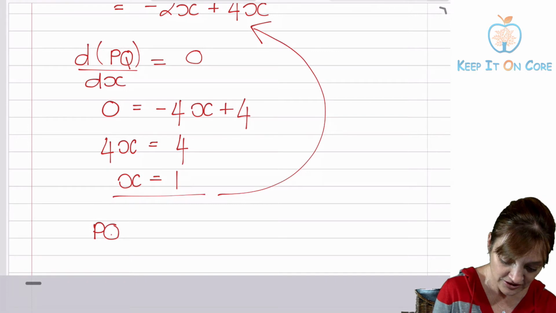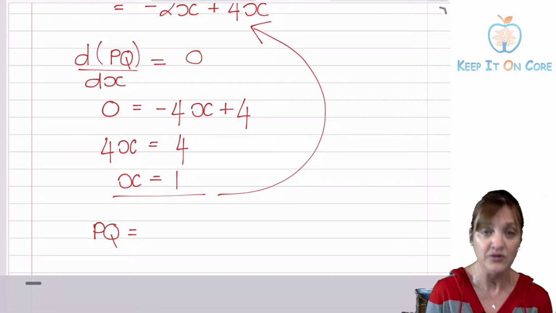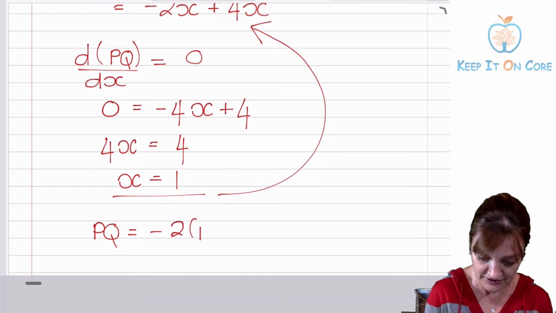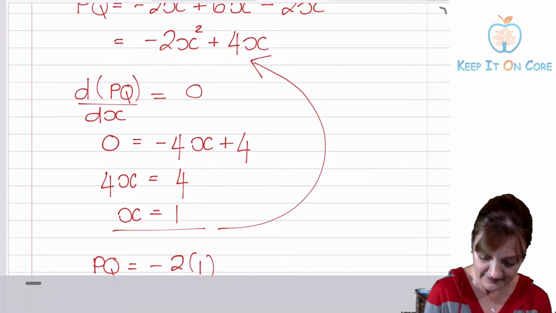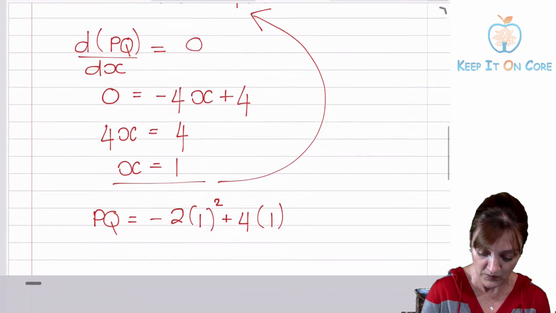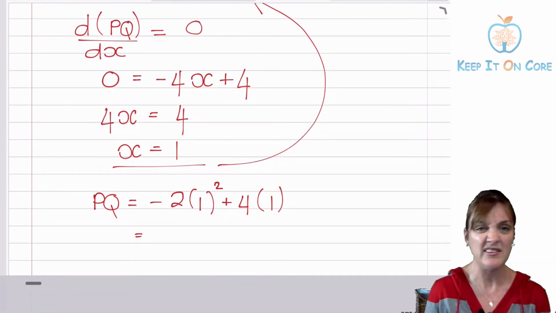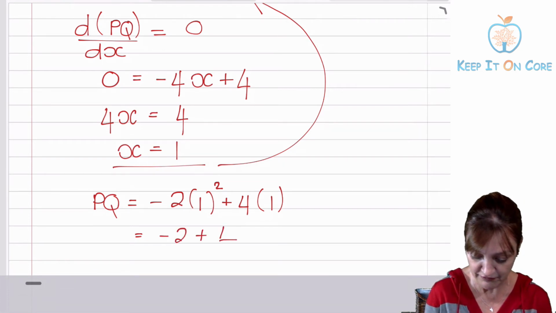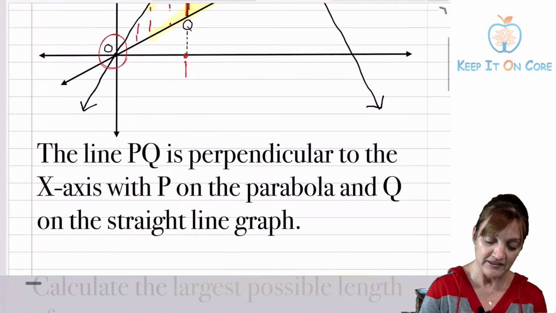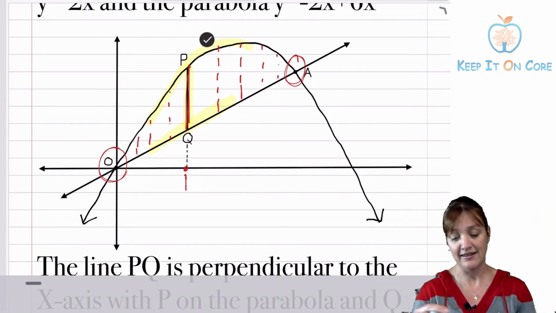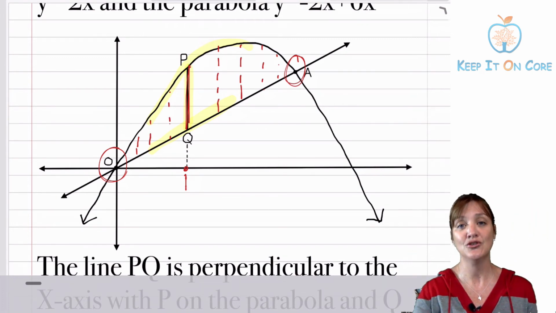So the maximum length of PQ, where x was equal to 1, is negative 2 times 1 squared plus 4 times 1. 1 squared is just 1, so that's negative 2 plus 4, and we get 2. So what you know for certain is that the longest PQ is going to get between those two lines is 2 units.